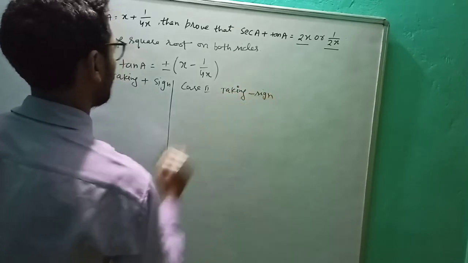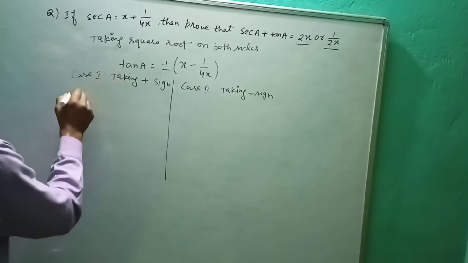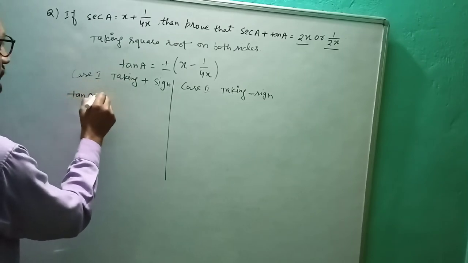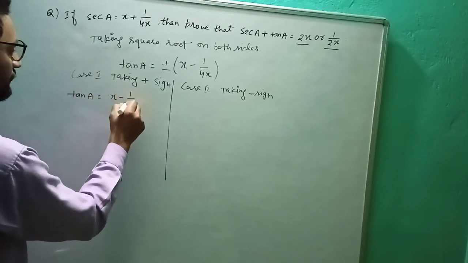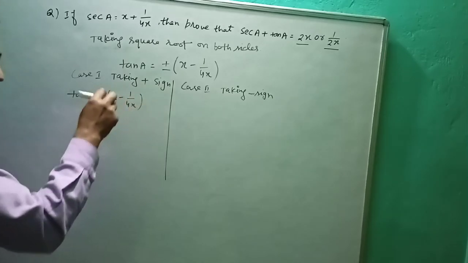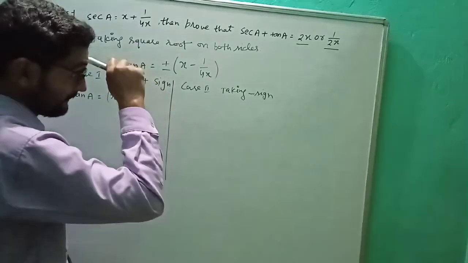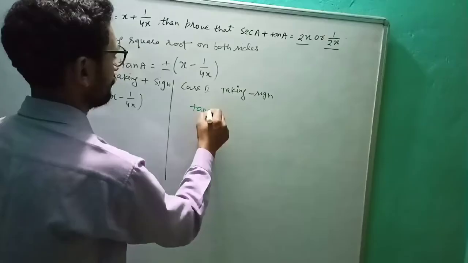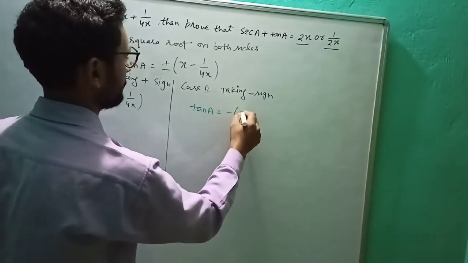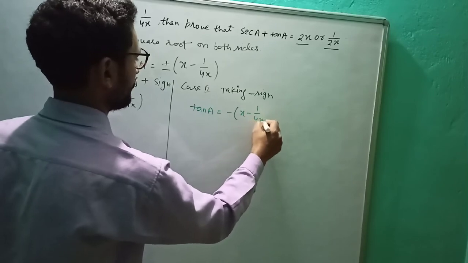So if I take the positive sign, I get 10a equals x minus 1 upon 4x. If I take the negative sign, I get 10a equals minus (x minus 1 upon 4x).